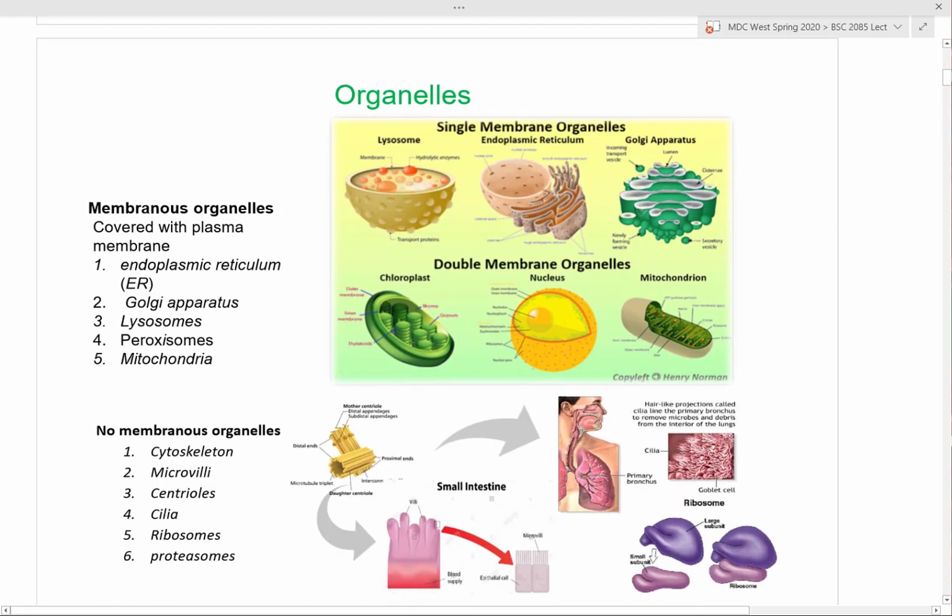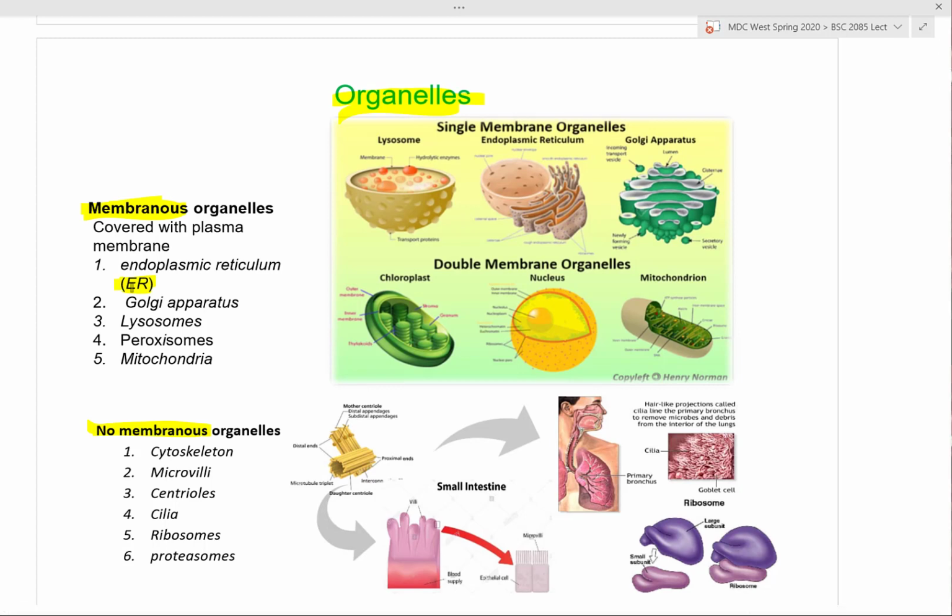So organelles. You can see here, organelles are mainly divided into two types. You have membranous organelles and non-membranous organelles. So the membranous organelle means that you have another layer or another membrane around the organelle. So an extra way of protecting. Again, it's covered with that plasma membrane. So you have the ER, which is the endoplasmic reticulum. And what endoplasmic reticulum would that be?